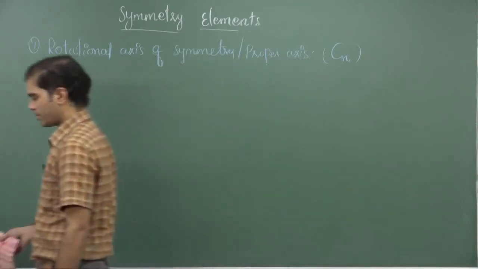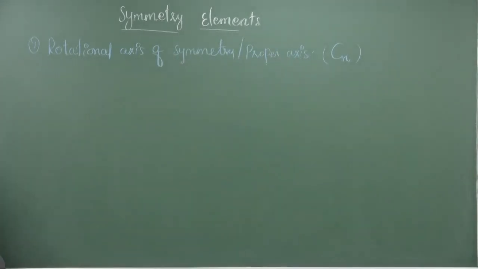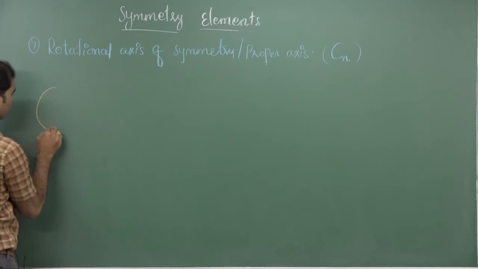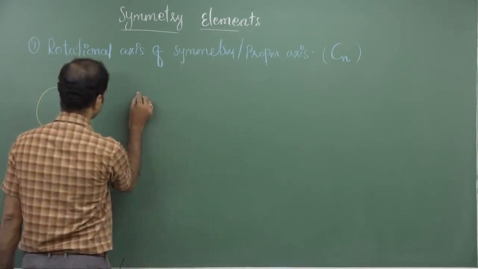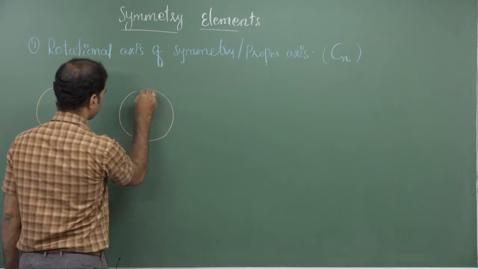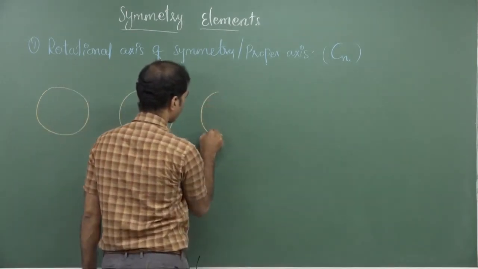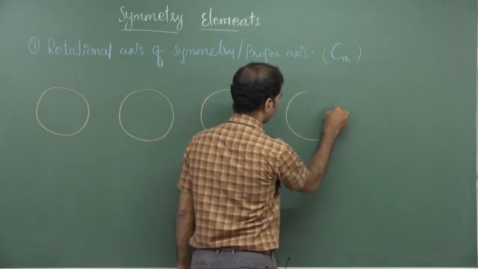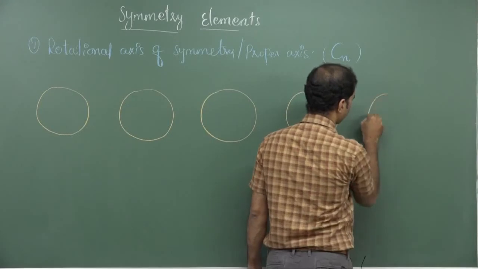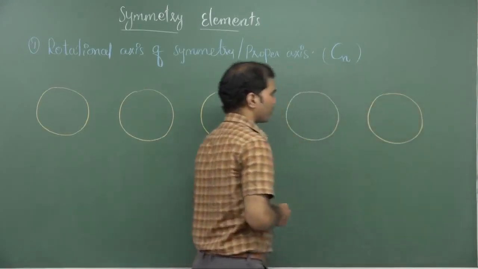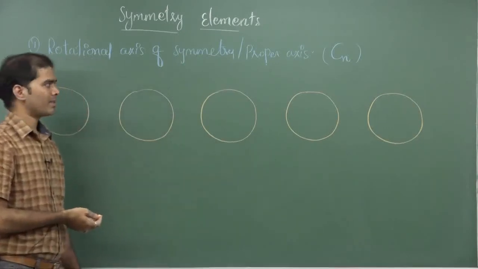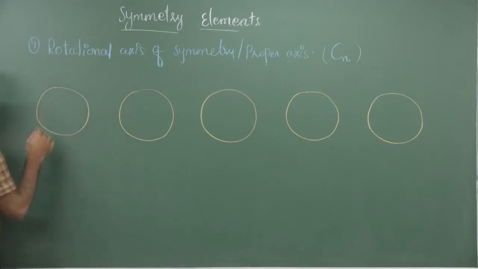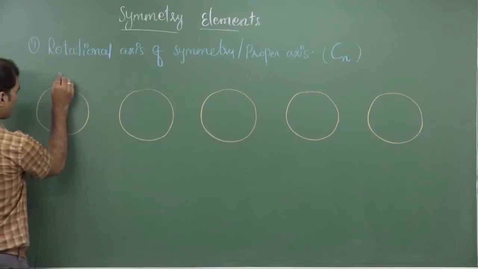Now to give you a bit more understanding, let me take some circles. You may just call them stereographs. You can just go on making a large number of circles depending on the kind of rotational angle that we are making. Now from the first circle, let me take a 0 degree angle starting from here.